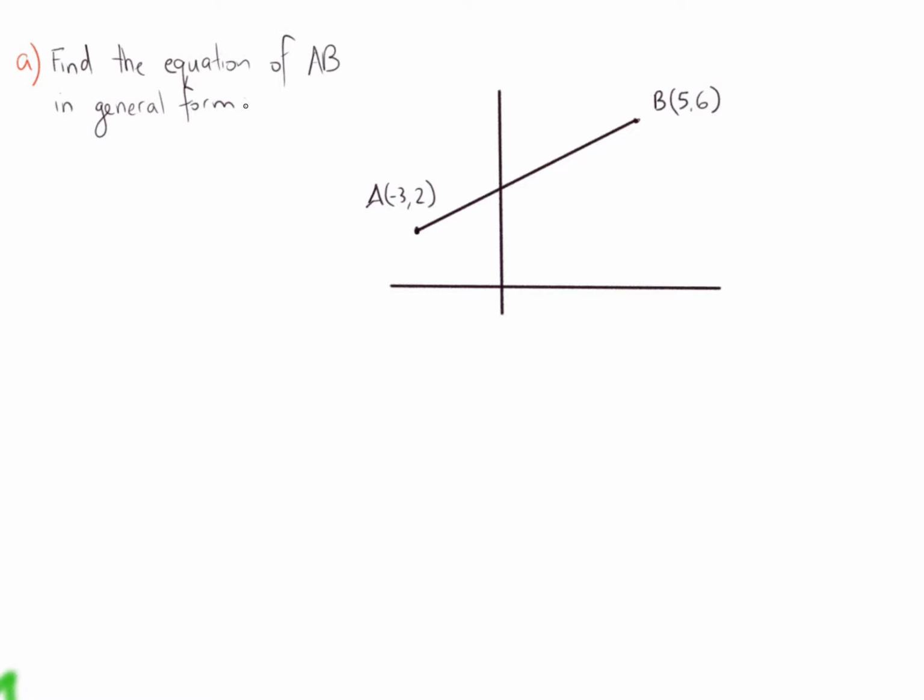So what do we know? We know the point A and point B, but we don't have a gradient. Is that something we could work out?